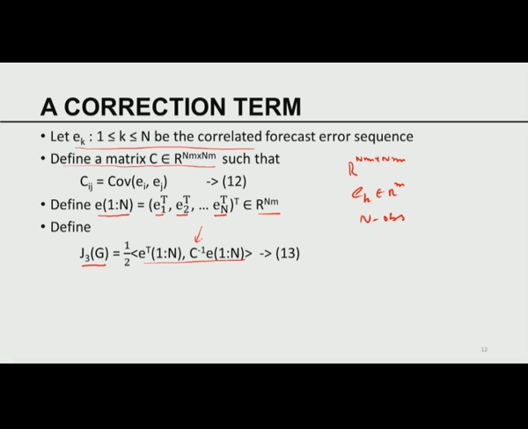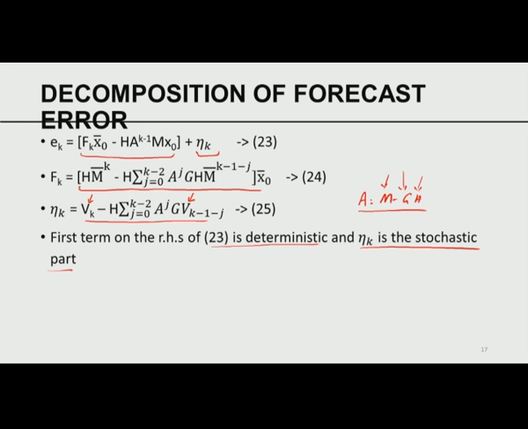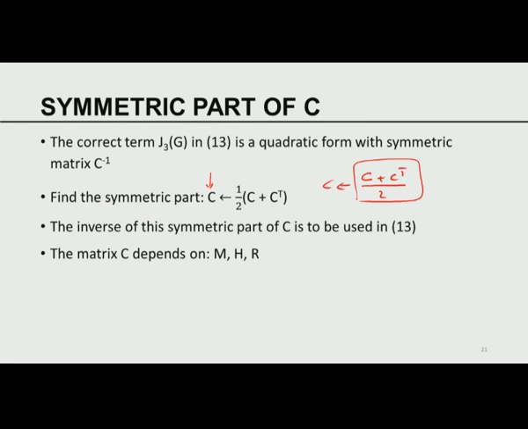Weight matrix is C inverse. I have computed C. So in principle I can compute C inverse. Therefore the correct term J3 in 13 is the quadratic form with the symmetric matrix C inverse, where C is the symmetric part of the computed C. So what is this C? This is the computed C.